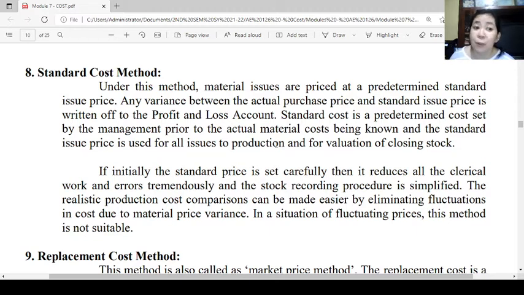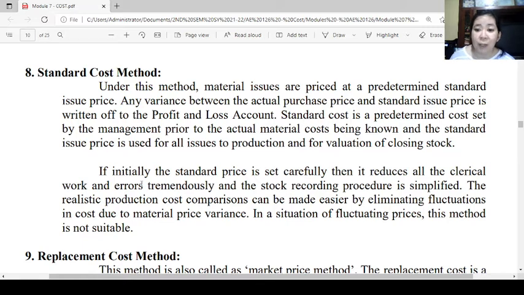This is usually set by the management prior to the actual material cost being known. The standard issue price is used for all issues to production and for valuation of our ending inventory.